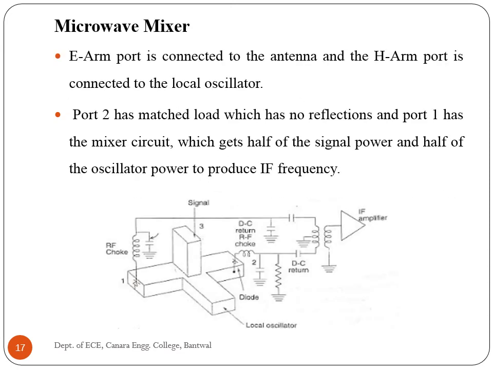In a balanced microwave mixer configuration, an incoming signal is fed to the E arm and a local oscillator signal is fed to the H arm. When these two signals enter the collinear arms, the crystal diodes placed in these arms produce the IF signal or difference signal. The local oscillator signal from the H arm will arrive at the diodes in phase, whereas the incoming signal from the E arm will arrive at the diodes out of phase.